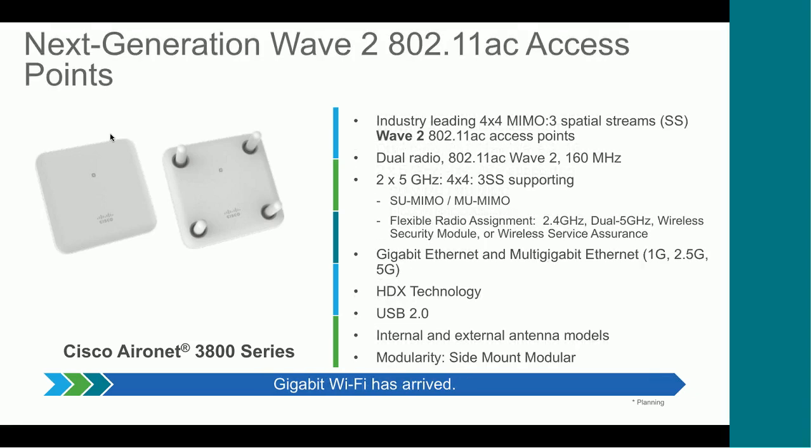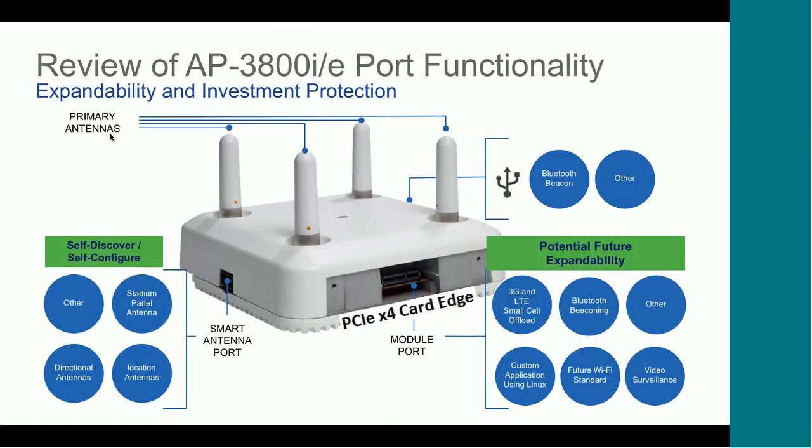And we look over at the 3800, and we'll get into this a little more. We're able to do mGig on the 3800s, so pushing more data to the access points to support more users. Things like Stadium Vision, internal, external connectors, very similar to the 2800, but with that mGig support and investment-proof modularity. And we'll talk about that in a second.